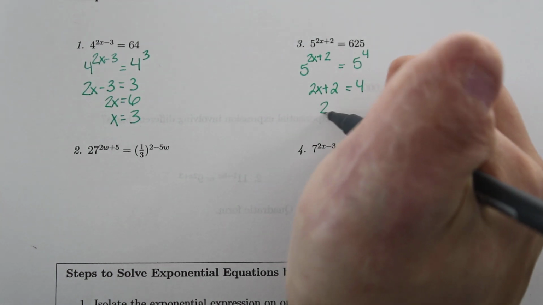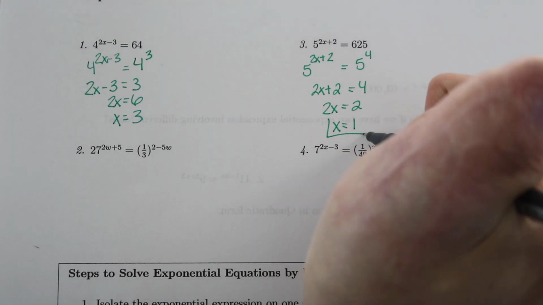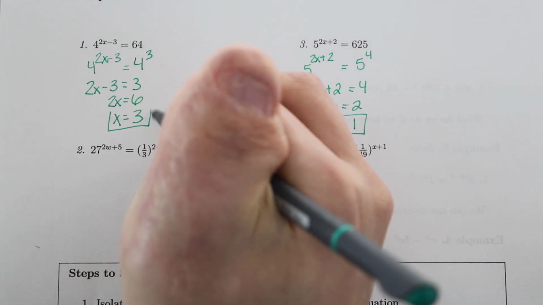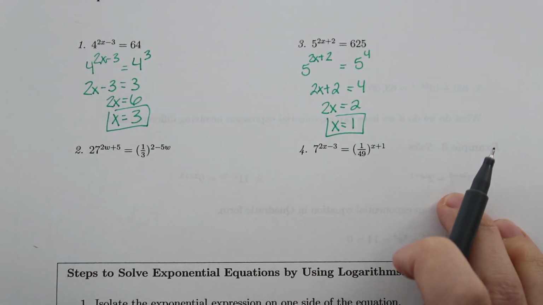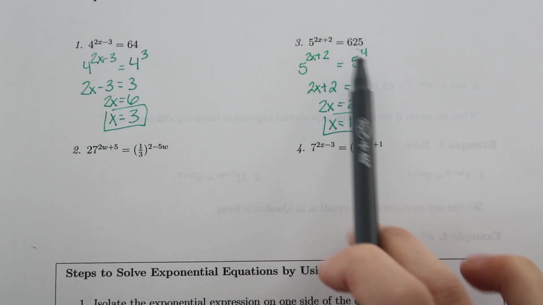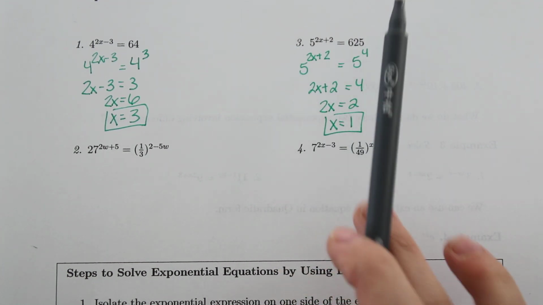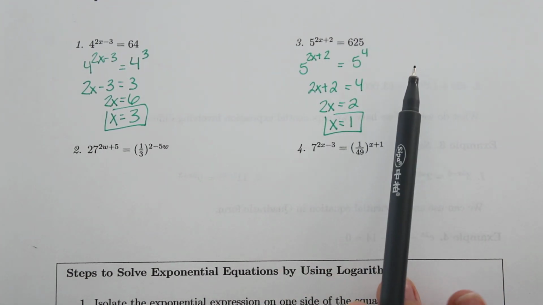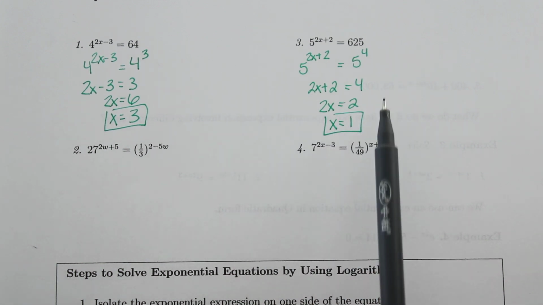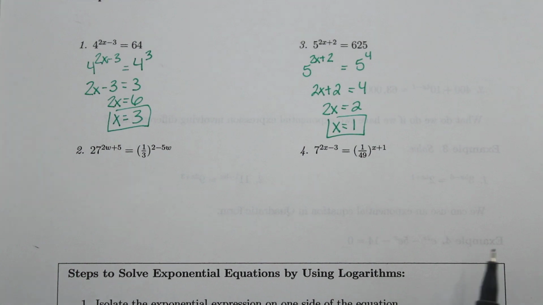Subtracting 2 from both sides, 2x is equal to 2, so x is equal to 1. So that's how both of those worked. What did we do? We rewrote the constant number as the same base as the other side raised to some power. As long as we can do that, we can work them all the same way. We get the same base and we set the exponents equal to each other.